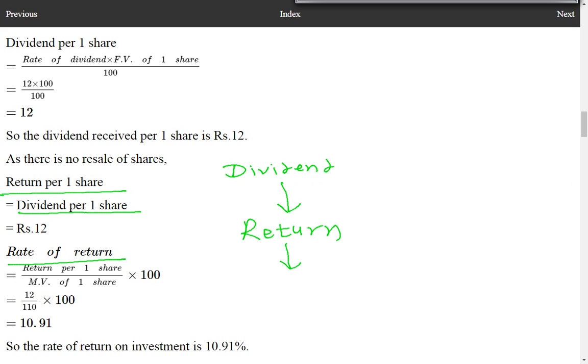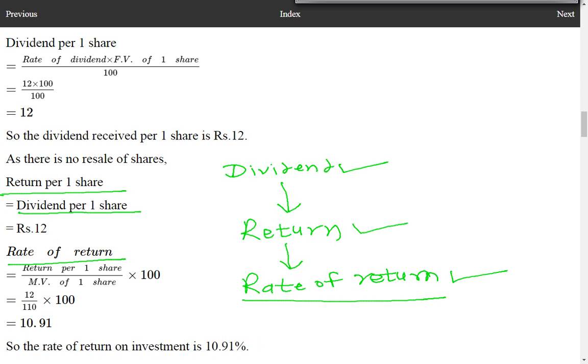Dividend, return and rate of return. I request you to remember this outline for finding rate of return. You have to do these three steps: dividend, return and rate of return. Again note that dividend is always calculated on face value, whereas rate of return is always calculated on market value.